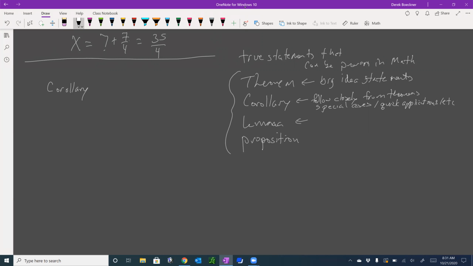Okay, lemmas on the other hand. For corollaries, the theorem happens and then the corollary happens. Lemmas are sort of the building blocks for the theorem. They're the little pieces that you prove that help you piece together the proof of the theorem.